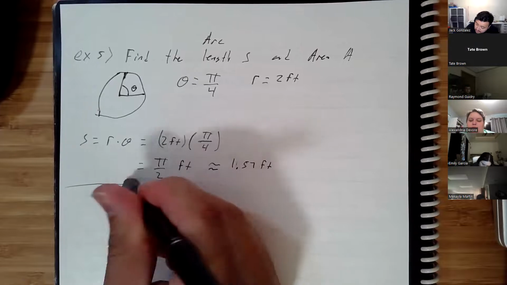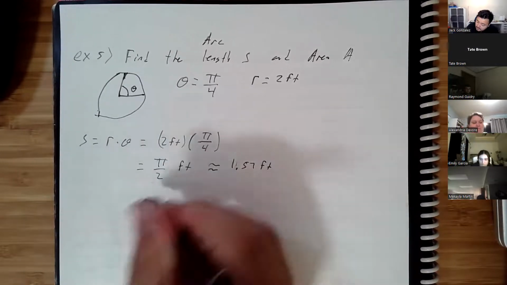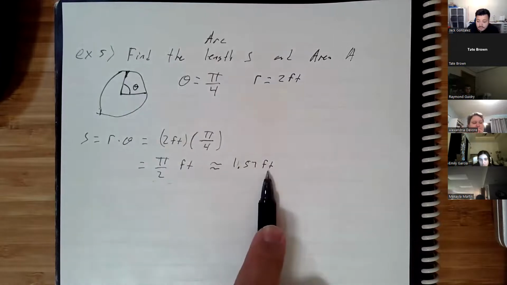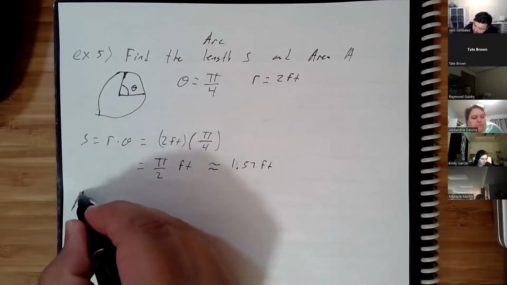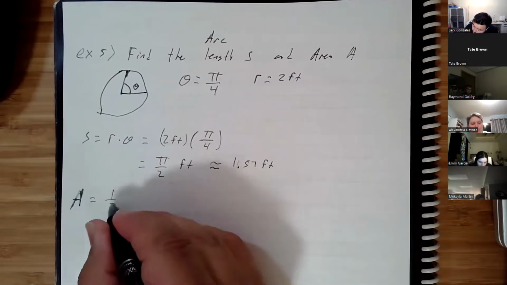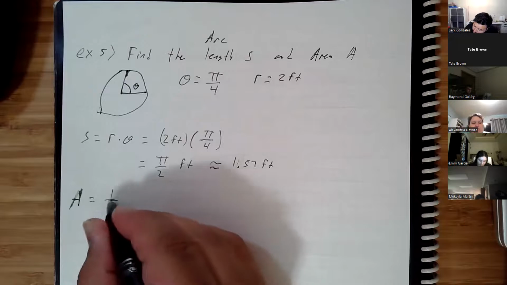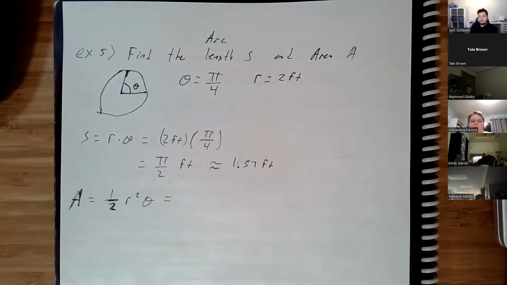Any questions on the first piece here? You see how as long as it's in radians, we're good, right? One thing I need you to know is to be careful and use the correct measurements. So if we're doing area, what do you expect the units to be? The formula is 1/2 r squared theta. R is 2 feet.